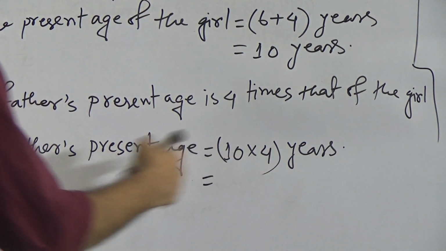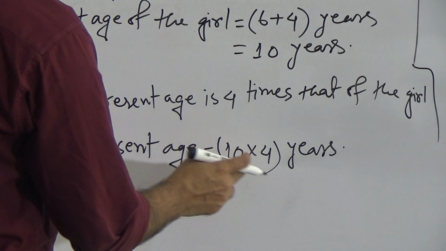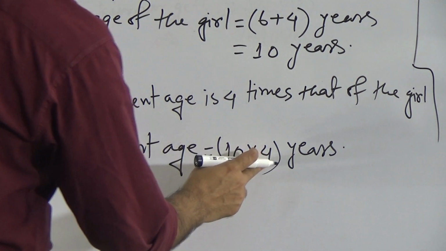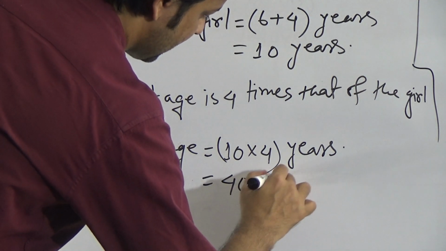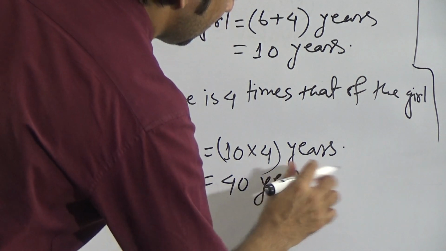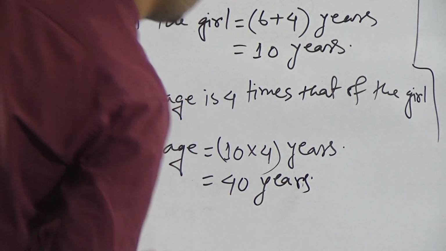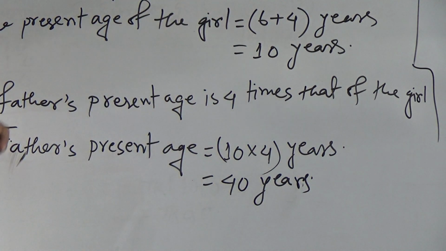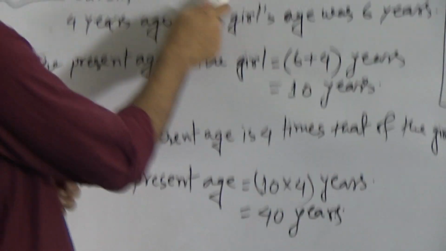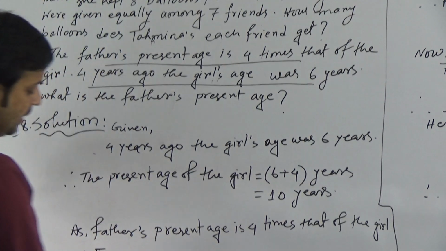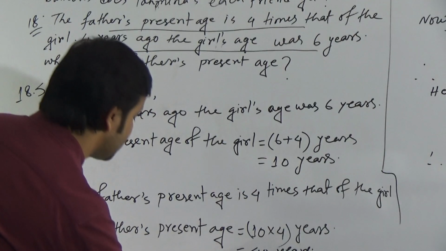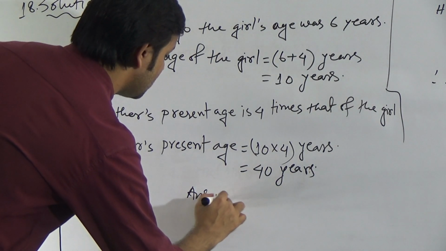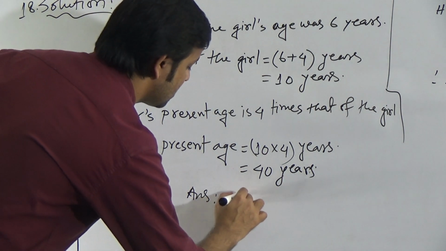So if we multiply these two, simple multiplication, multiply 10 by 4, 4 tens are 40 years. Okay, dear students, now see, what is our question? What is the father's present age? Here, father's present age is 40 years. So our required answer for this question is 40 years.